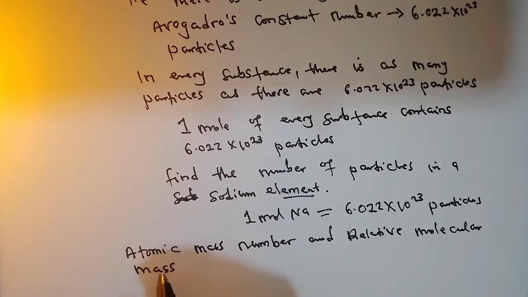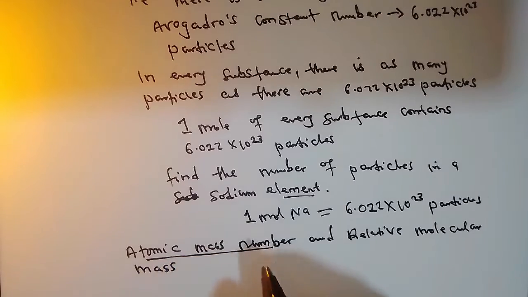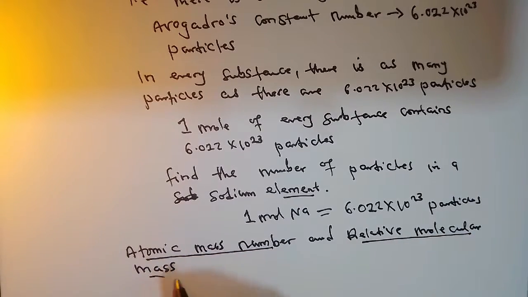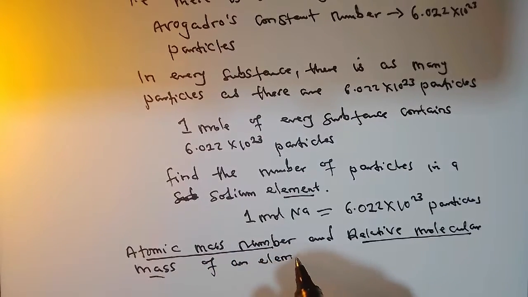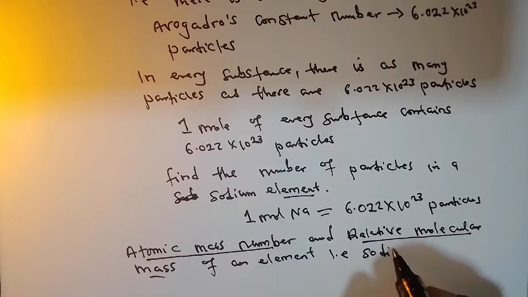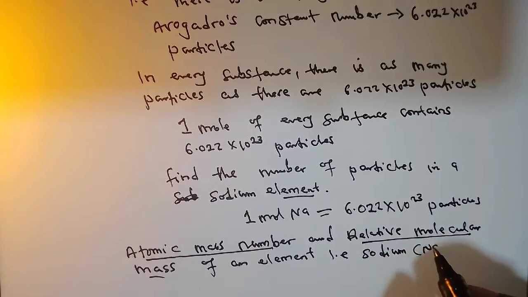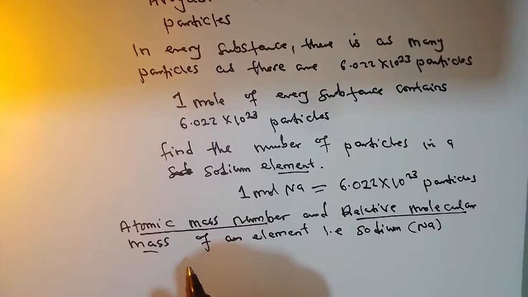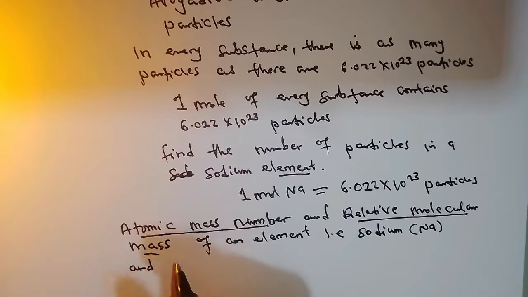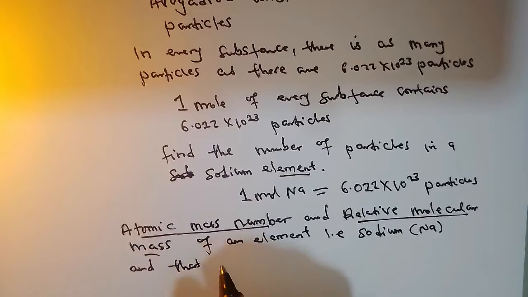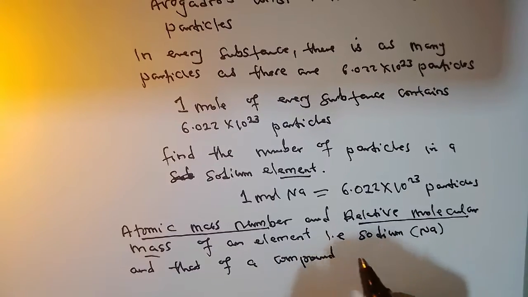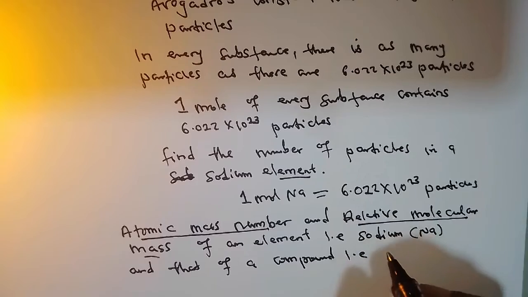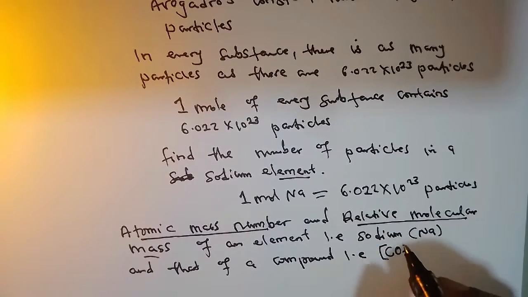Okay, so when you look at the atomic mass number and relative molecular mass of an element, that is, for instance, sodium, and that of a compound, compound like carbon dioxide.